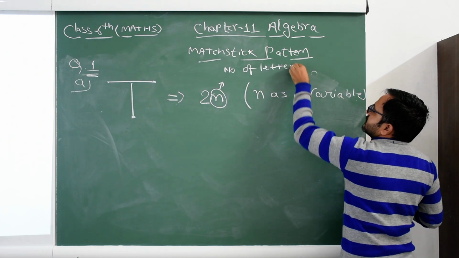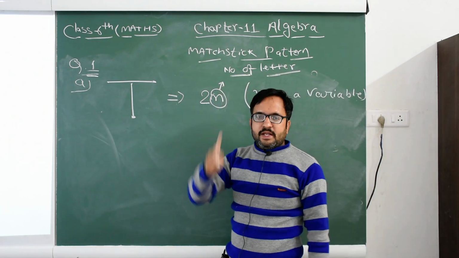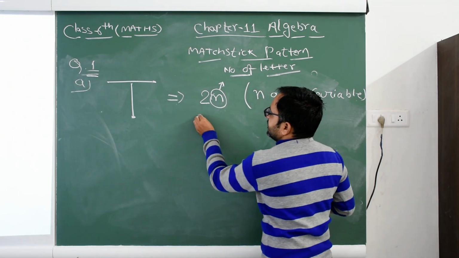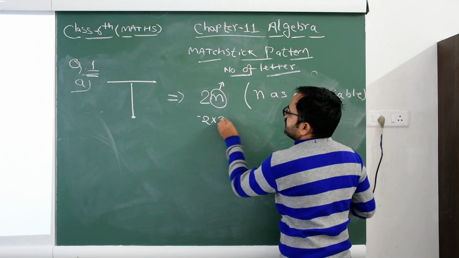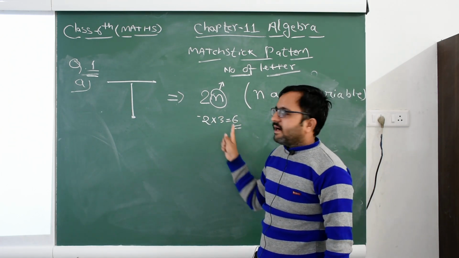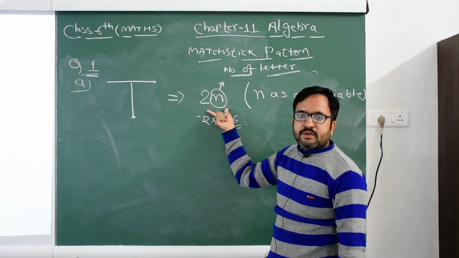How many letters you draw? If you want 3T, that means 2 into 3. So 6 matchsticks will be required to draw 3T. So the rule will be 2n.